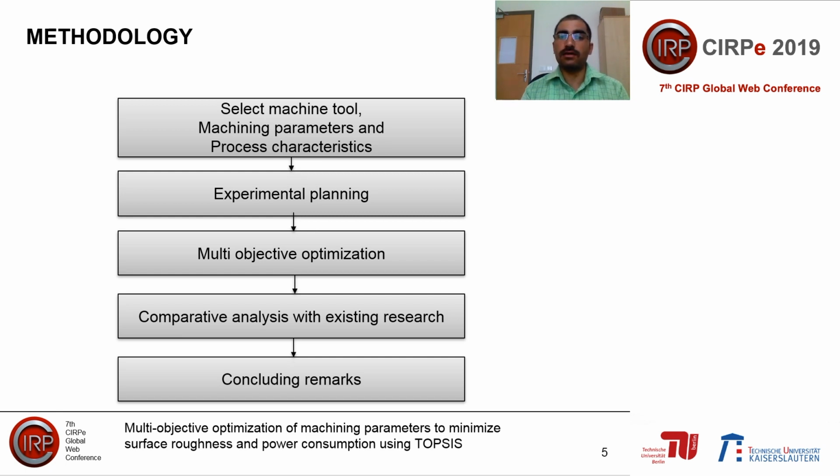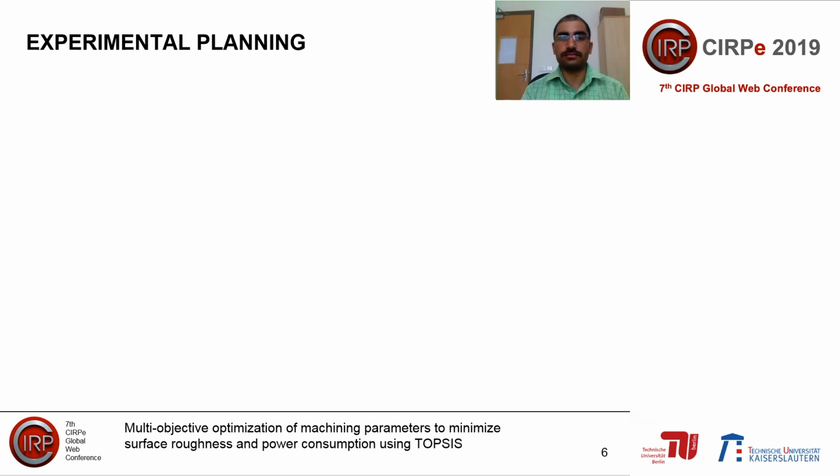In the present case, we have planned the experiment using the L27 full orthogonal array, and once we have conducted the measurements, multi-objective optimization is performed. Once we get the optimal results using the present optimization technique, we compare with the existing literature, and then finally make the concluding remarks.